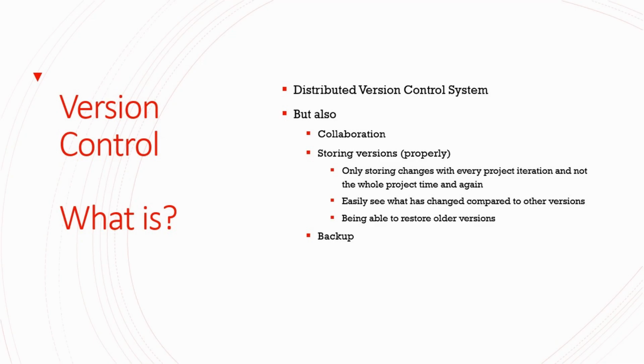Another reason to use Git is actually to store different versions of your software. You might have already noticed that almost, well, I'm tempted to say every application out there exists in multiple versions.